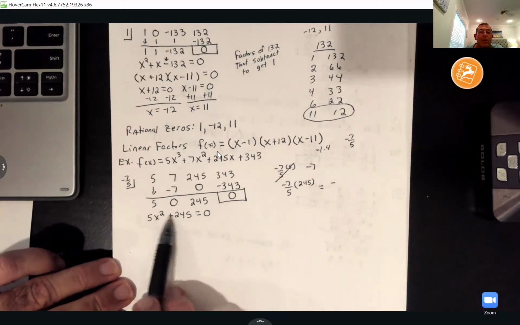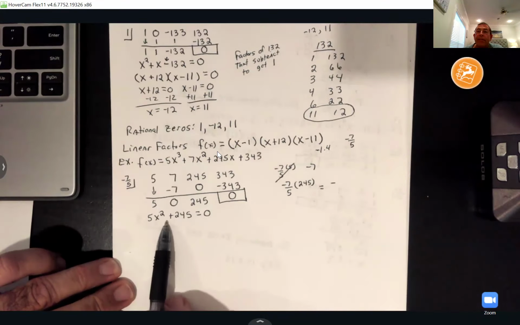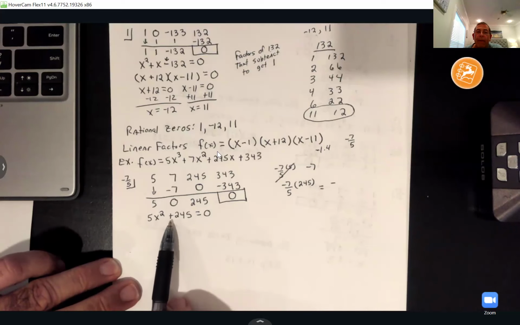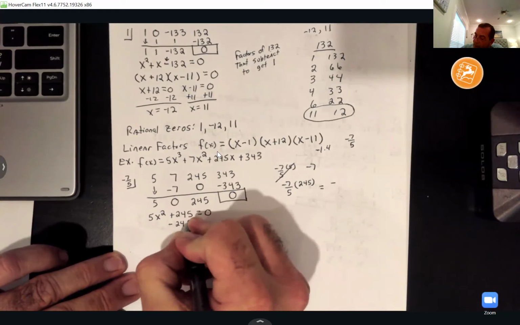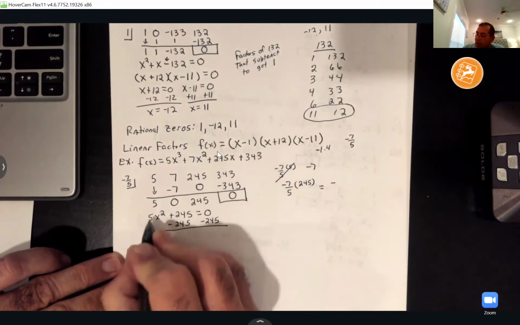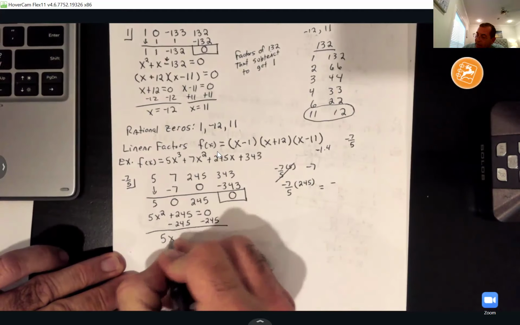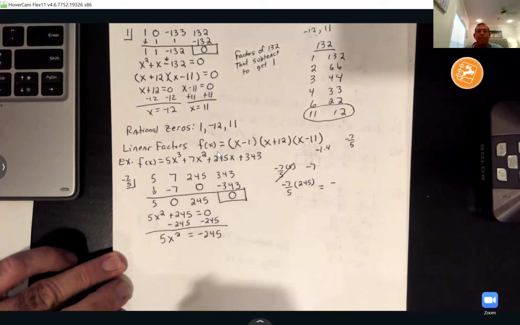All right, so I don't have the x term in the middle, so this one I don't have to try to factor. This one I'm going to do square roots. So I'm going to subtract 245. So y'all, you get your 5x squared equal to -245.